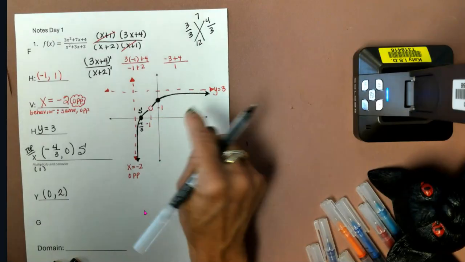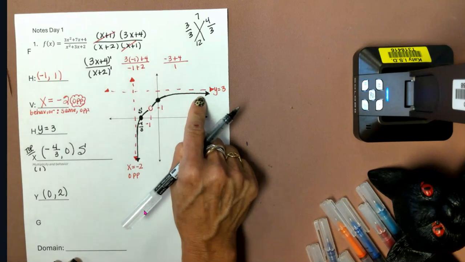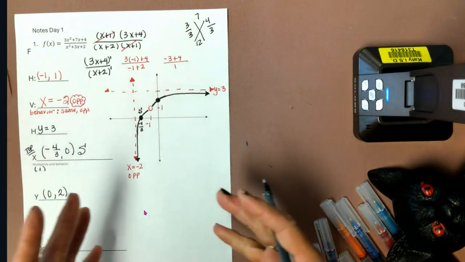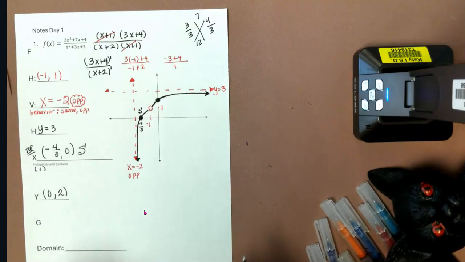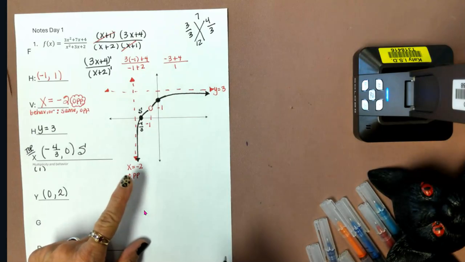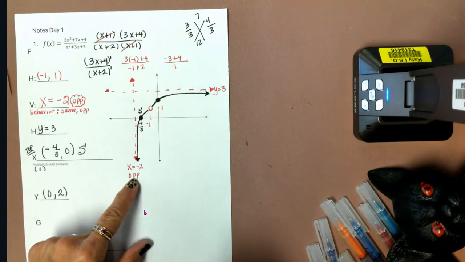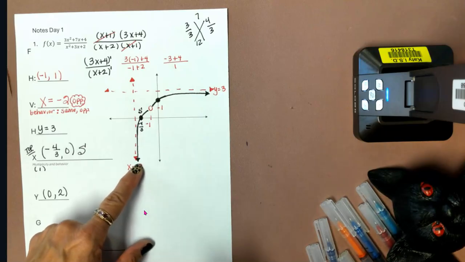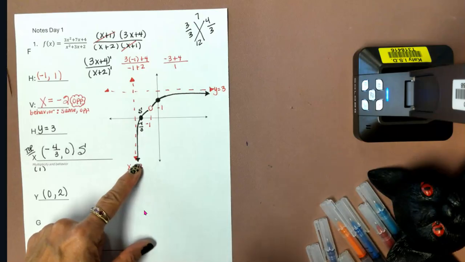Now look, we're up here with a horizontal asymptote. That graph loves that horizontal asymptote too, so we want to get close to it. Now what do we do? Go back to your vertical asymptote and look at the note that you wrote yourself. You wrote to yourself that it was opposite behavior. You just drew a down arrow, so we have to draw the opposite. We have to draw an up arrow.